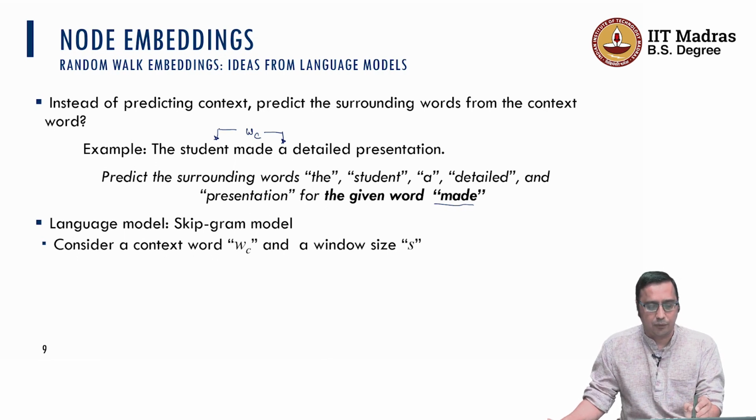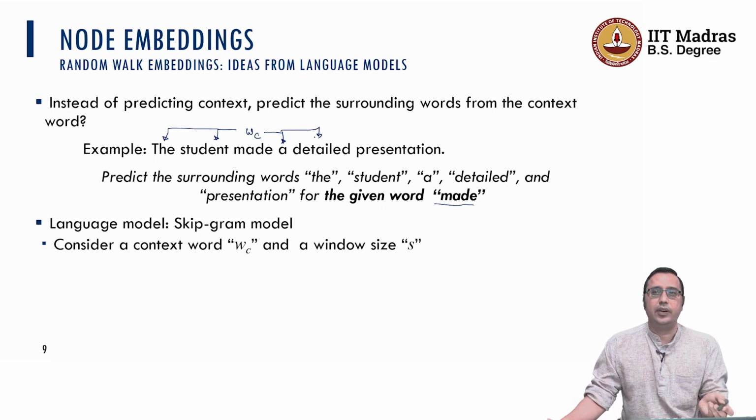If I take a window size of 2, I want to predict the words in the plus and minus 2 set. So S is the window size.